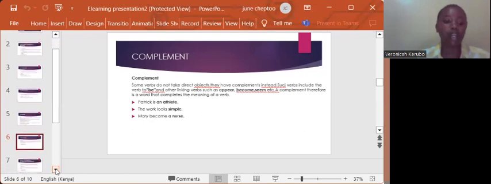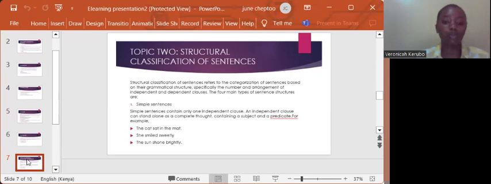So we are going to look at topic 2. It is much shorter than topic 1. Topic 2 is all about structural classification of sentences. Structural classification of sentences refers to the categorization of sentences based on their grammatical structure, specifically the number and arrangement of independent and dependent clauses.